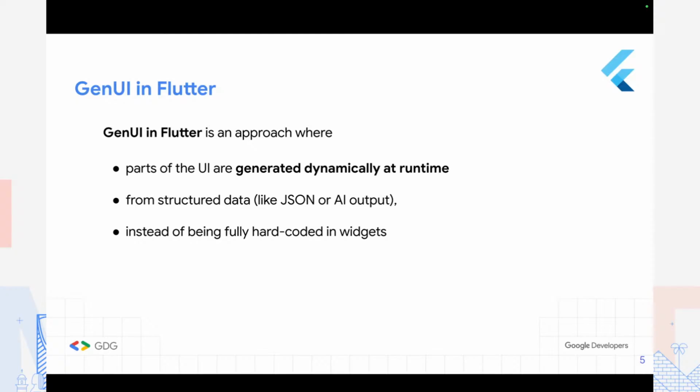This output is then going to be rendered by Flutter. So this is how Gen UI is going to be used with Flutter. Instead of having to fully hard code the widgets, we are going to let generative UI write the widgets for us and then make Flutter render that UI for us. So we are saving a lot of time here and also effort.